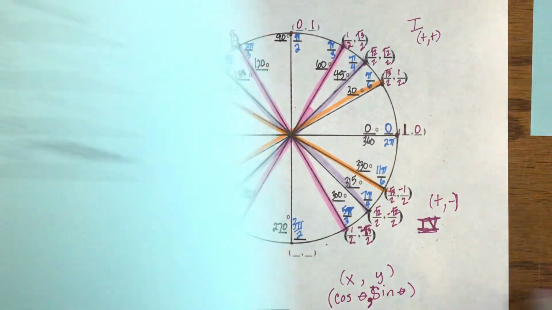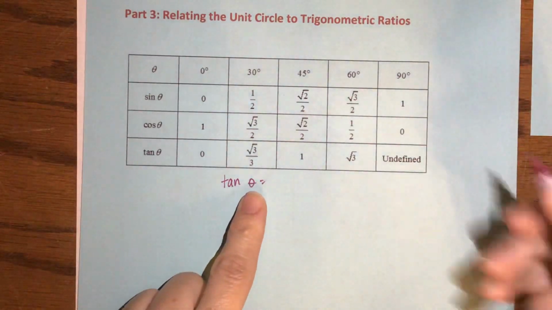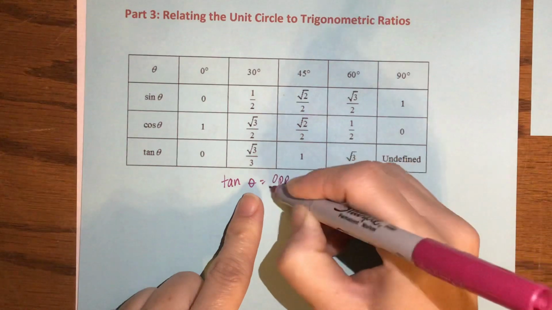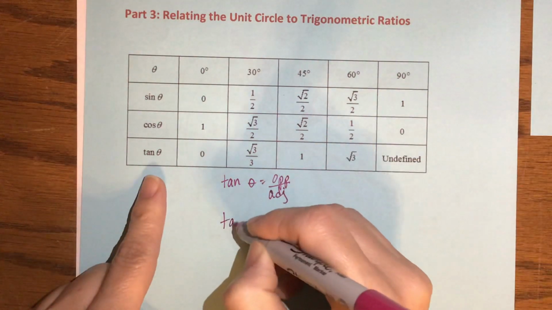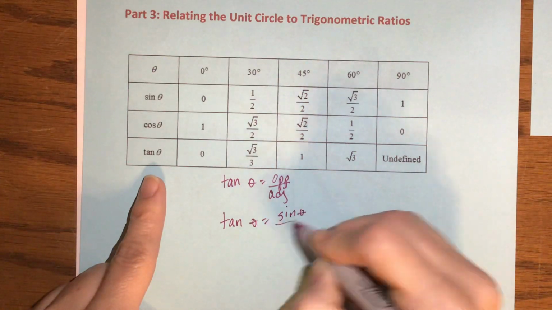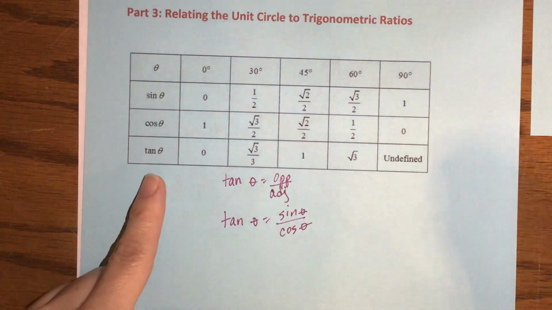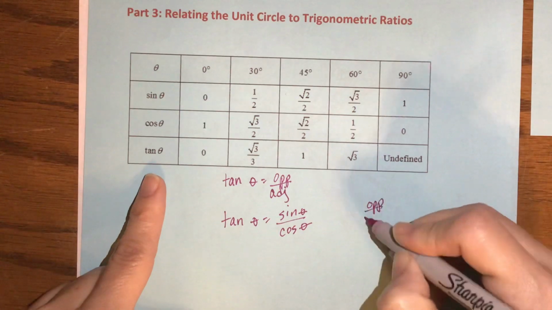Now, let's talk tangent. So tangent, remember, is defined as opposite over adjacent. I'm going to give you a different definition: sine over cosine. Let me show you why that works. Sine is opposite over hypotenuse.